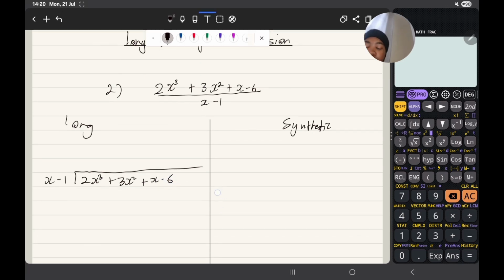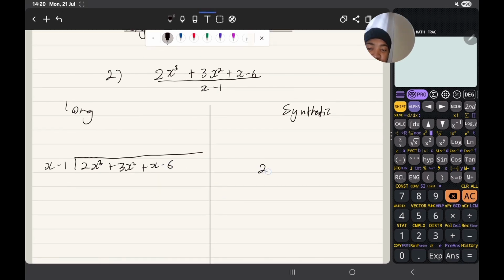Cool. So now we focus where? 2x to the 3 over x. That is what? 2x squared. So we put 2x squared. Then we multiply. 2x squared times x, that is 2x to the power of 3, and 2x squared times minus 1, that is minus 2x squared.